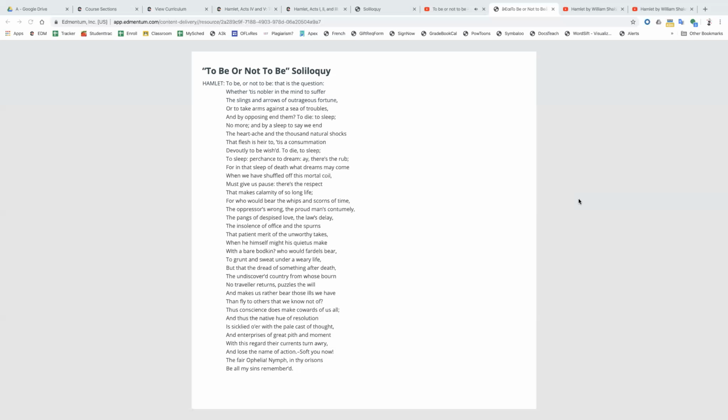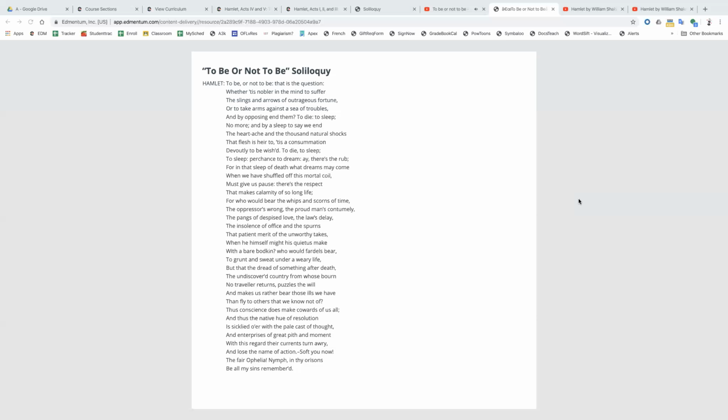For who would bear the whips and scorns of time, the oppressor's wrong, a proud man's contumely, the pangs of despised love, the law's delay, the insolence of office, and the spurns that patient merit of the unworthy takes, when he himself might his quietus make with a bare bodkin? Who would fardels bear to grunt and sweat under a weary life?